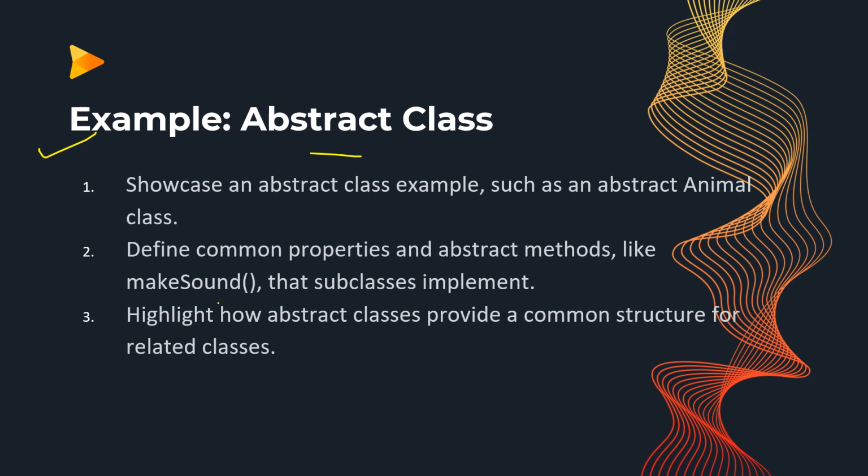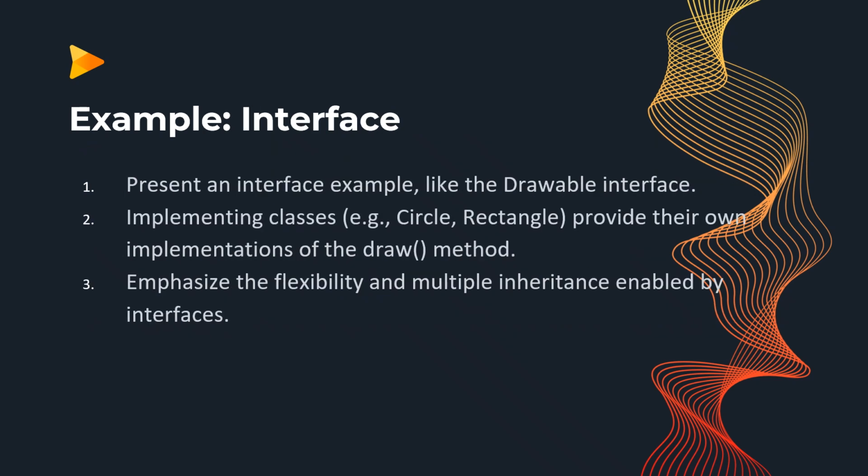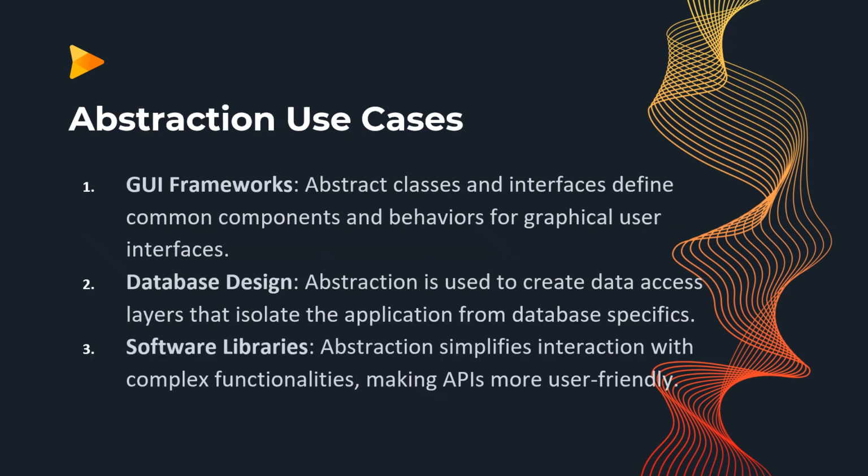Animal will make a sound, and we will see the implementation of makeSound in our child classes. Now we are going to see an interface example. Implementing classes like Circle and Rectangle provide their own implementation of the draw method. We have already seen all these things.